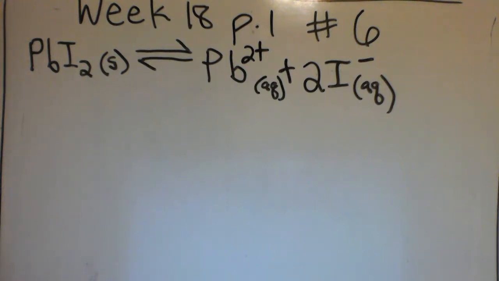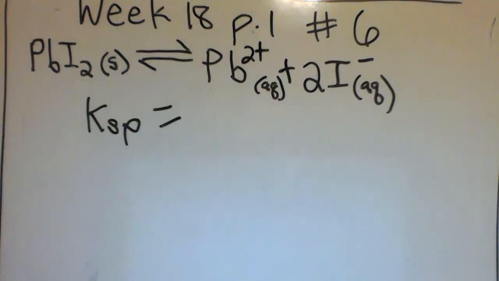The next thing we have to do is write the solubility product constant. Now the solubility product constant is written in a very similar way to the equilibrium constant. We take the products and we put them on the top of the fraction.